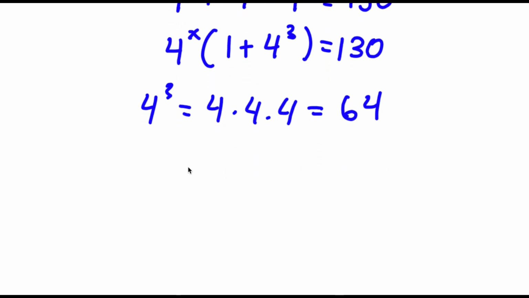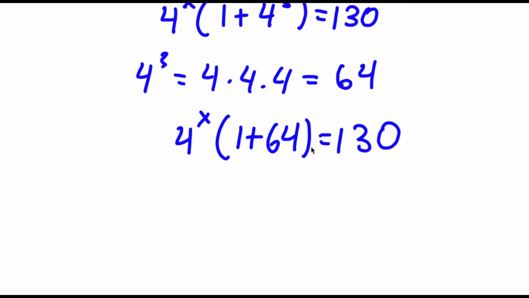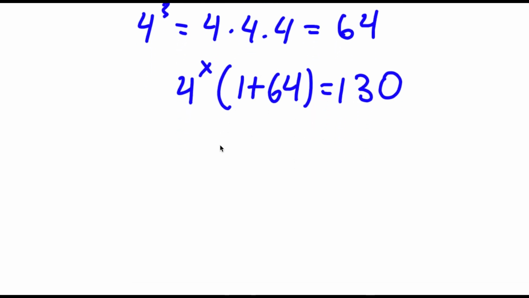So now I have 4 to the power of x times (1 plus 64) is equal to 130. Now 1 plus 64 is 65, so I have 4 to the power of x times 65 is equal to 130.